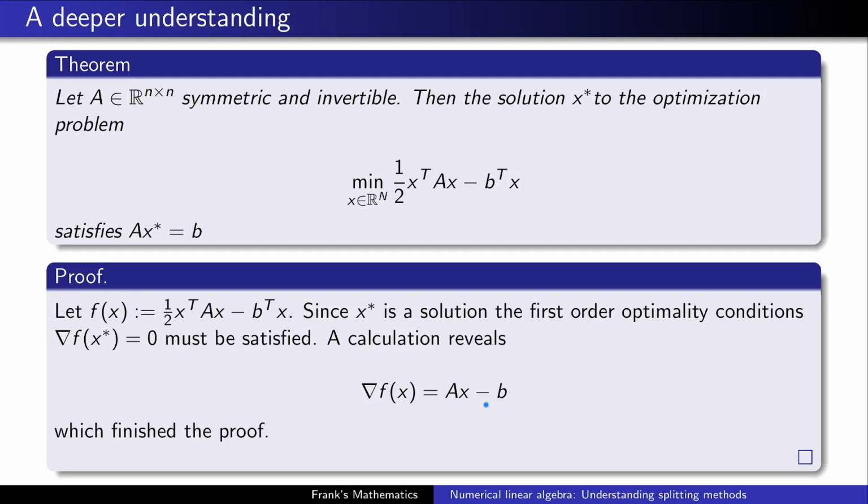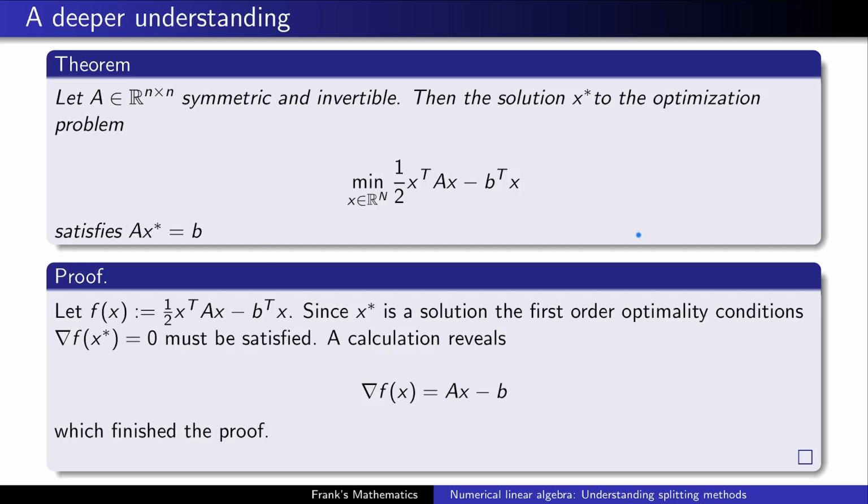In fact, this is not only a necessary condition, this is also a sufficient condition, just because this is a convex problem, which means that the first order optimality conditions are also sufficient. Just as a small remark, we only need the necessity of the first order optimality conditions.